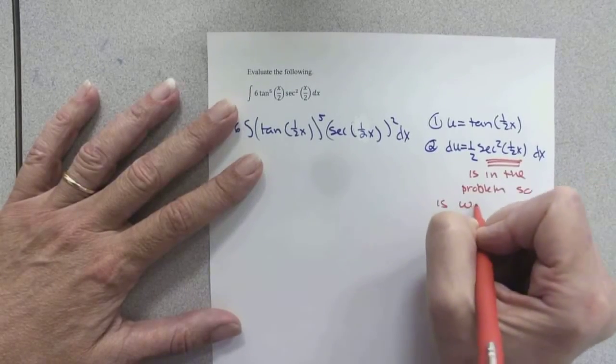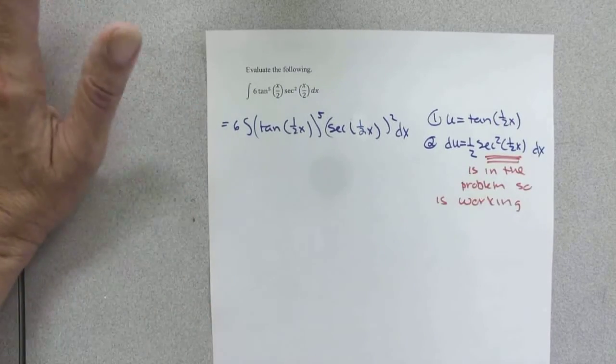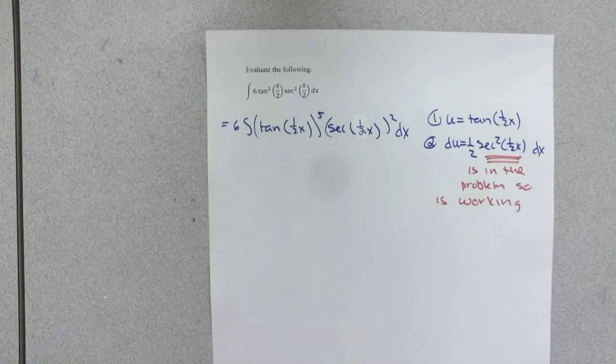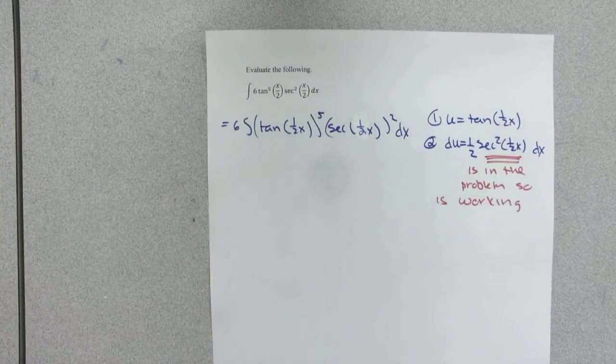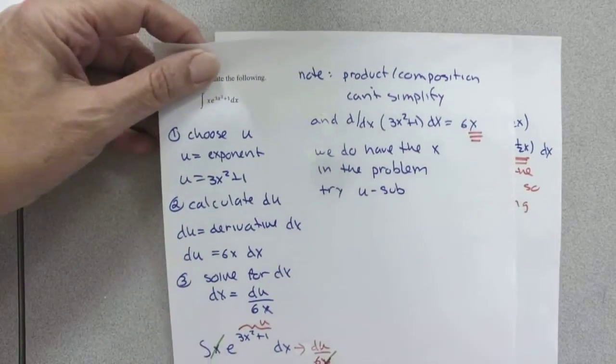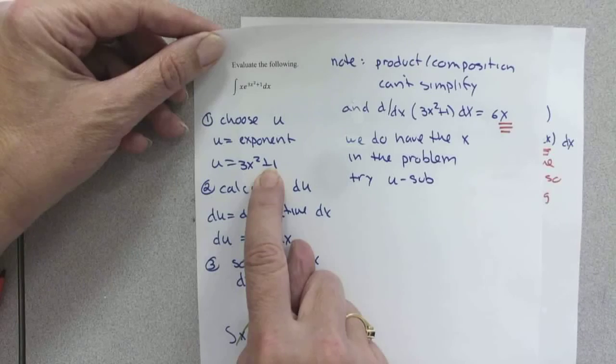So this is working. You want to see the derivative when you calculate du. You want to see at least the variable part of du in the problem. Now, you don't necessarily need to see the whole thing. Back when we did this problem, we chose for u 3x squared plus 1.